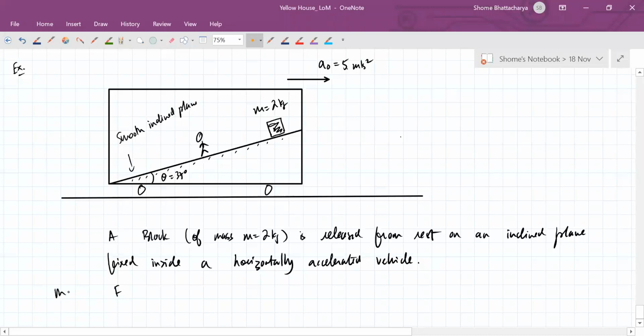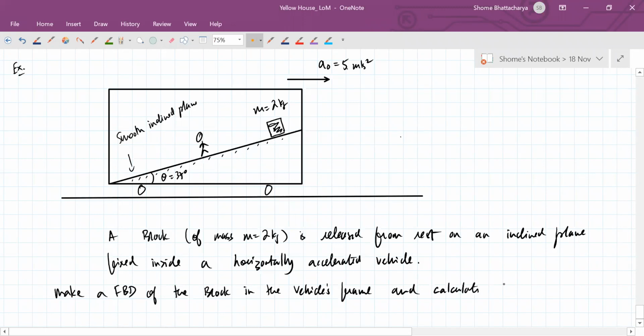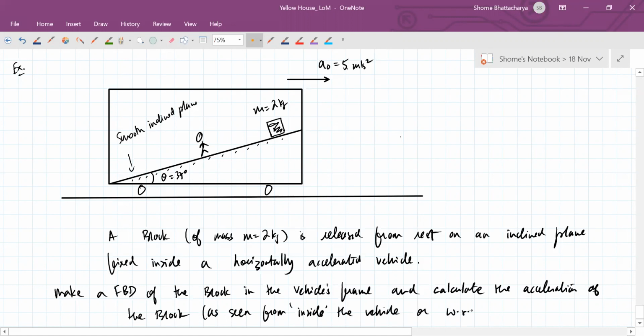So make a free body diagram of the block in the vehicle's frame and calculate the acceleration of the block as seen from inside the vehicle, or simply with respect to the vehicle's frame.